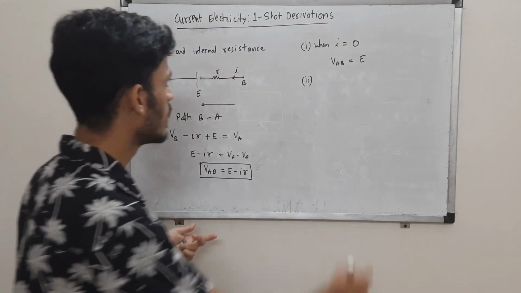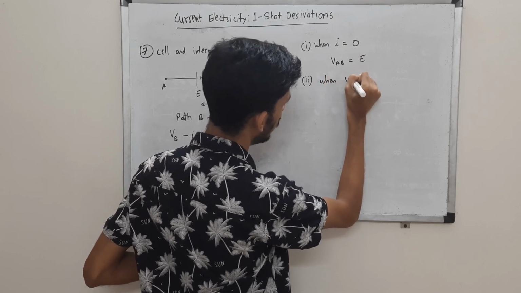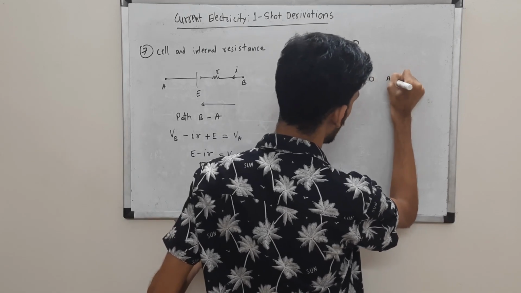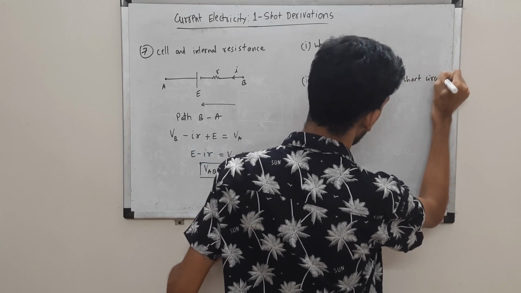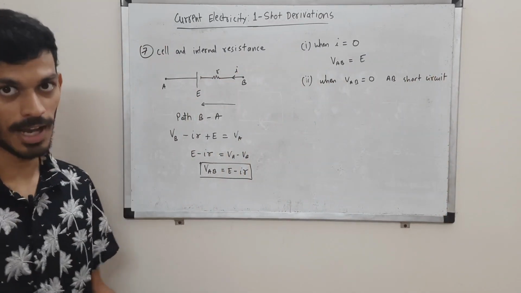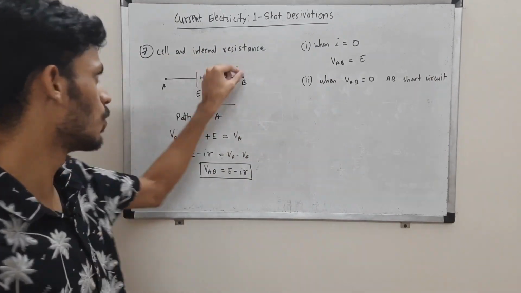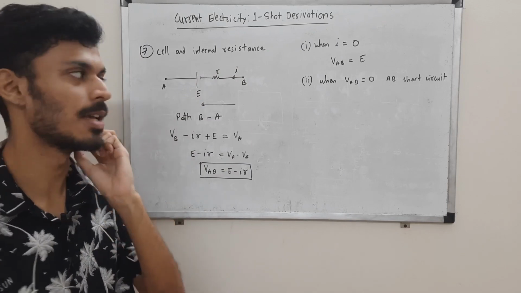Next case we'll take is when A and B are short circuited, or when VAB is 0. So basically you connect points A and B using a conductor. If you connect A and B using a wire, their potentials will be the same. Potential at A and potential at B basically become the same point.